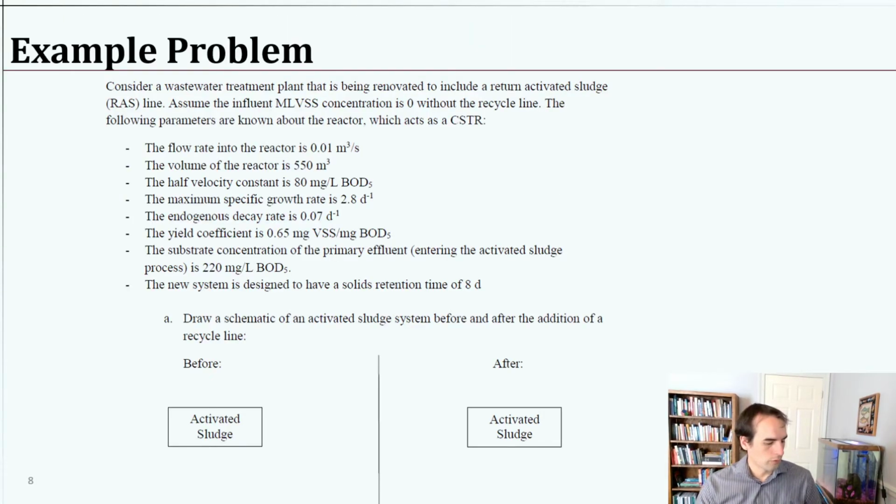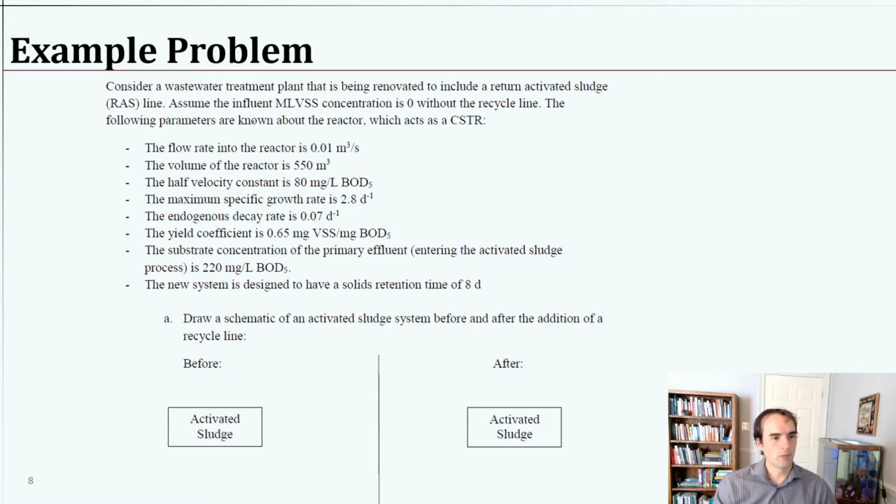Okay. So this example problem says, consider a wastewater treatment plant that is being renovated to include a return activated sludge, or RAS, line. Assume the influent MLVSS, so mixed liquor volatile suspended solids, that just means the microbe concentration, is 0 when you have no recycle line.